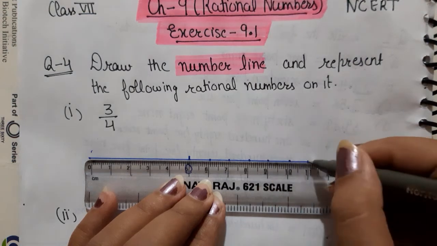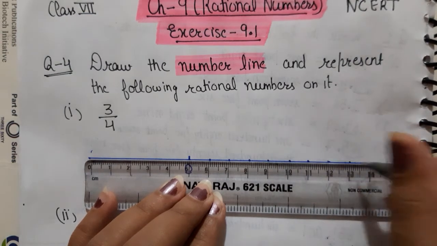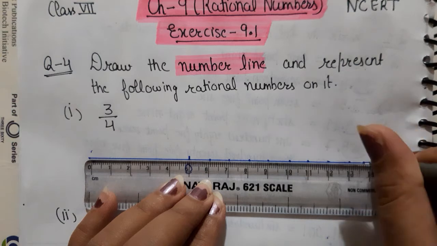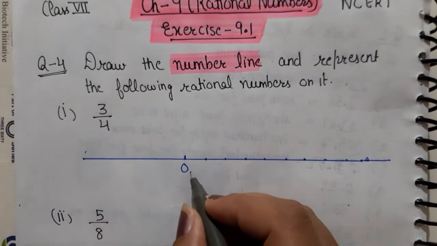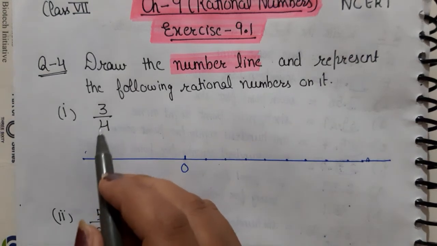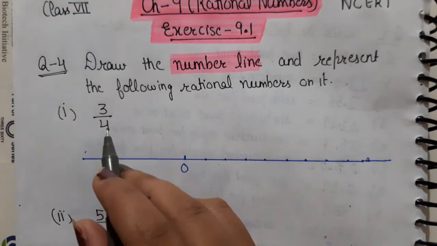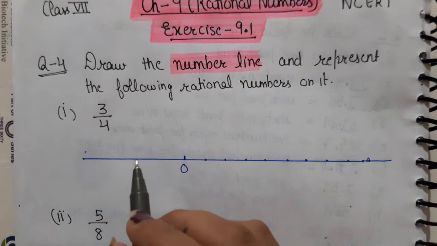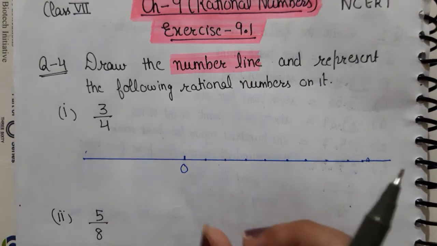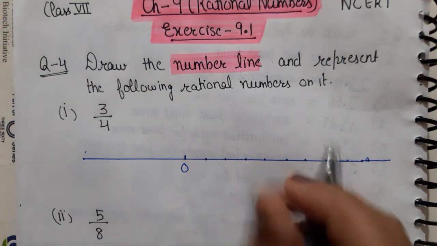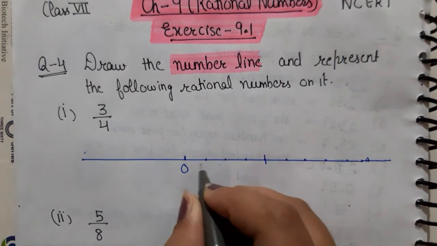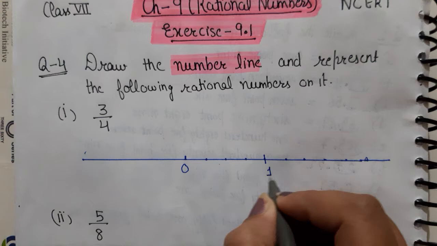I am taking 1 centimeter distance. Now see how to draw these. If the denominator is 4, it means from 0 to 1 they have taken 4 equal parts. So from 0: 1, 2, 3, 4. 4 equal parts. This will be your 1.